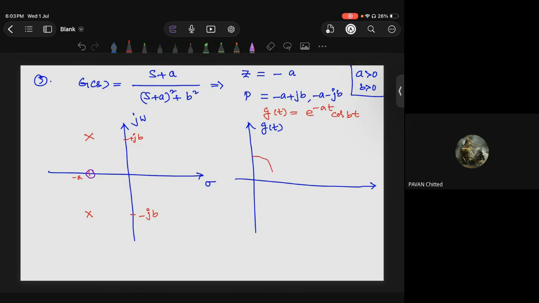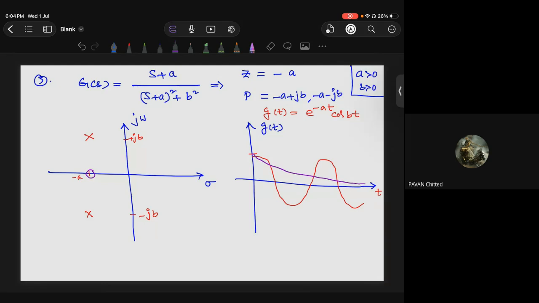Cos starts at this point and goes like this. Then e power minus at starts at 1; at time t equal to 0, the value will be 1. It keeps reducing. Correct? Yes or no?